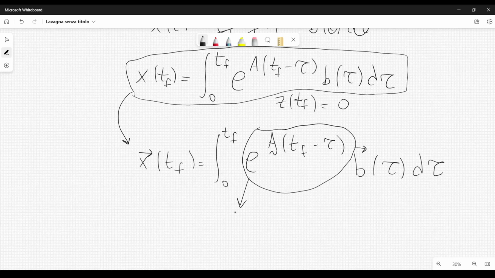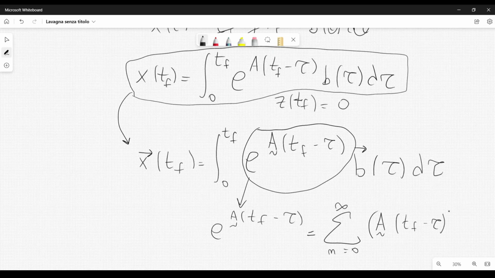How do you interpret the exponential of the matrix? The exponential of the matrix can be simply interpreted by considering the Taylor series of the exponential. We can simply write this as the sum from 0 to infinity of the matrix A times the scalar (tf minus tau) raised to the power n, and then we divide by n factorial.